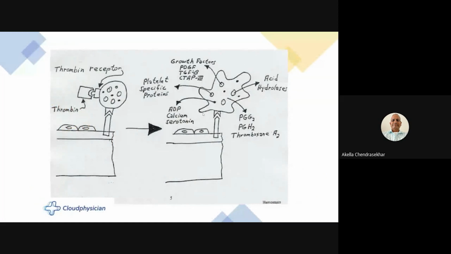Next slide. Okay, so when thrombin binds platelets, it actually changes the shape of the platelet and the platelet becomes activated.